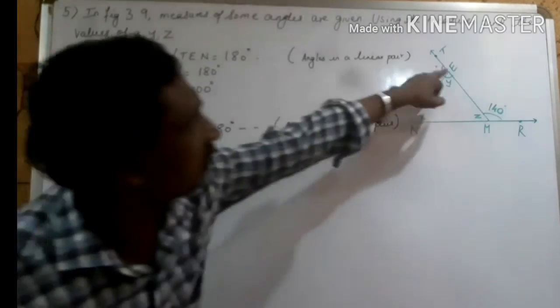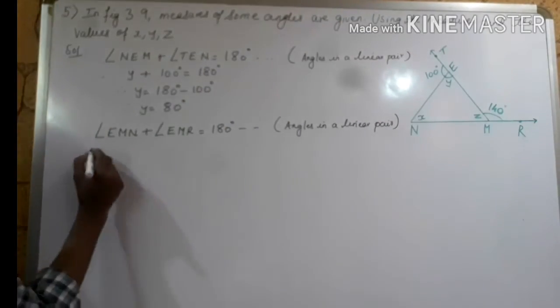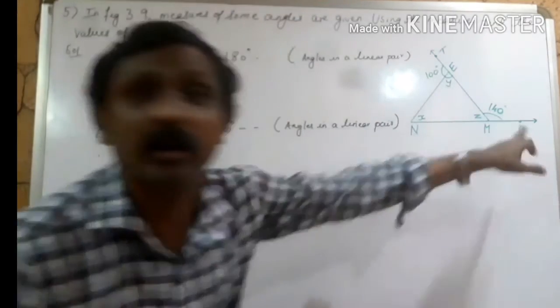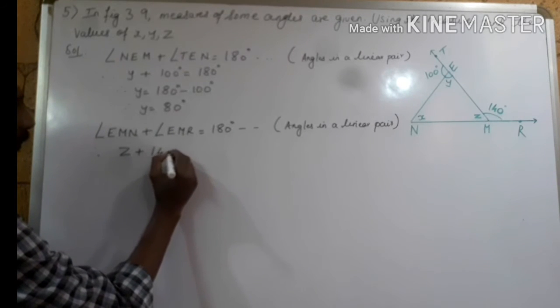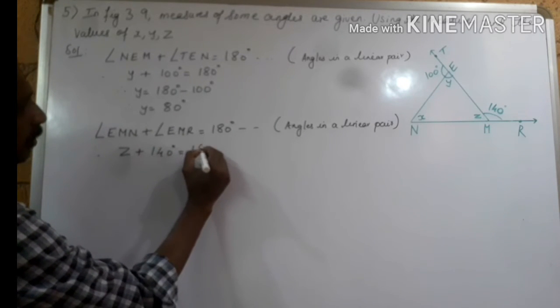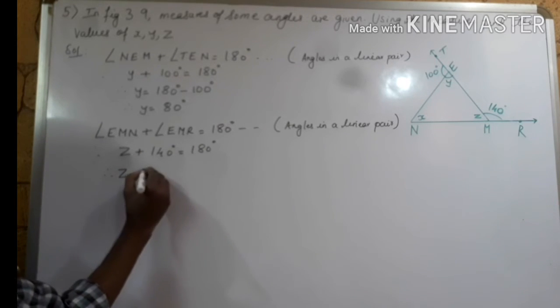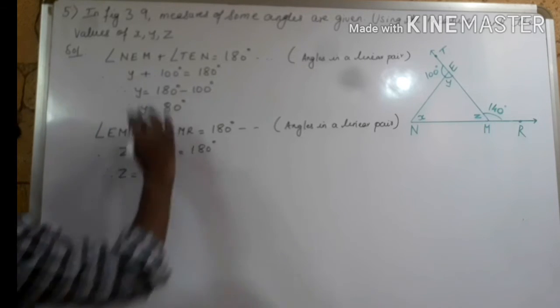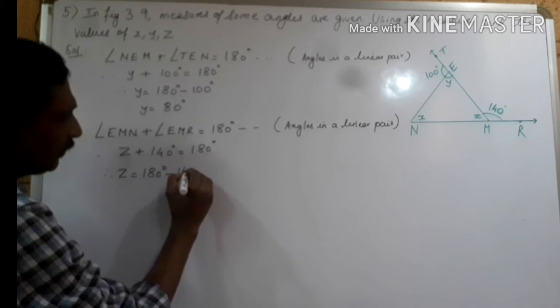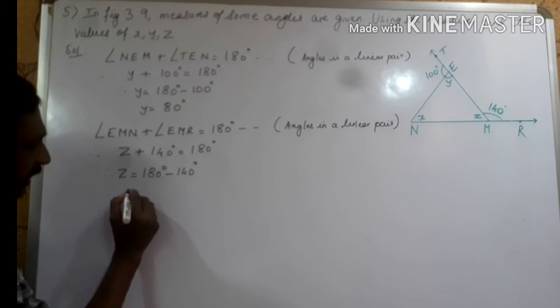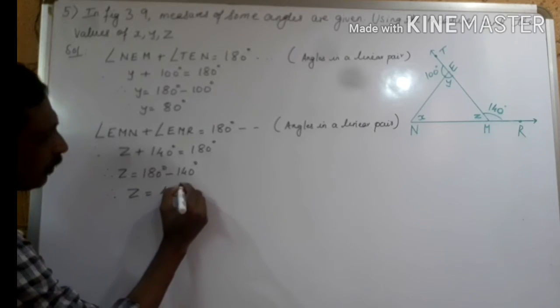Angle EMN is z. Therefore, z plus 140 degrees is equal to 180 degrees. Therefore, z is equal to 180 degrees minus 140 degrees, which gives me 40 degrees. Therefore, z is equal to 40 degrees.